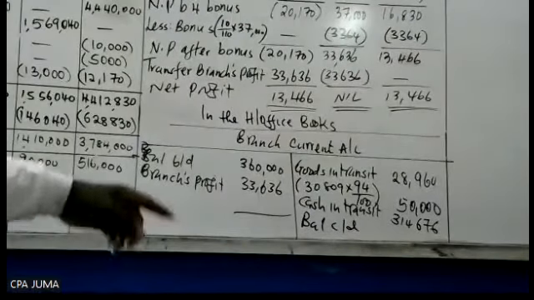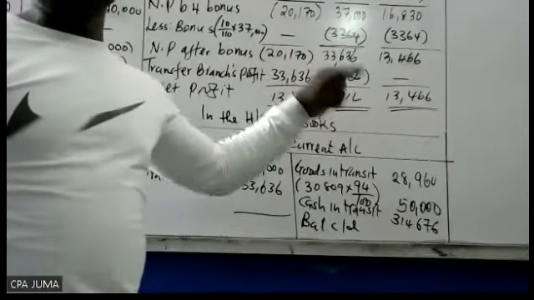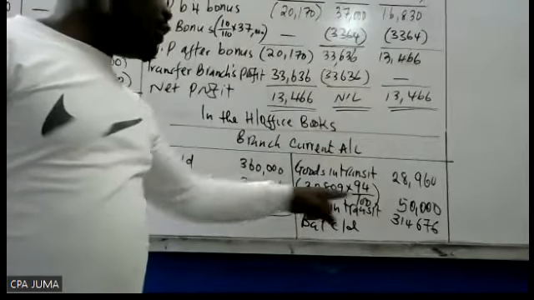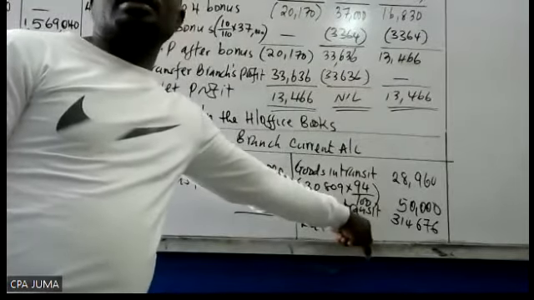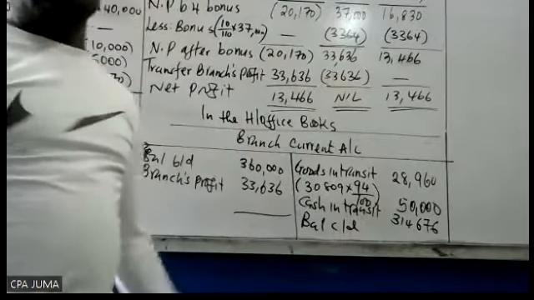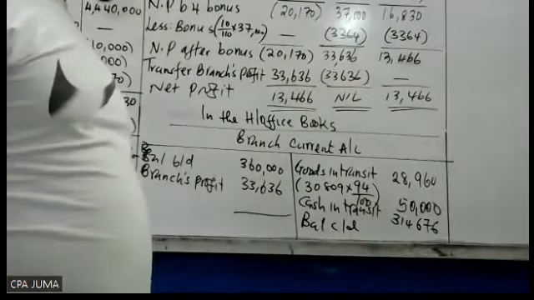Then we have to also reconcile head office in the books of the branch. And if we are correct, those balances should tally. So draw there below.